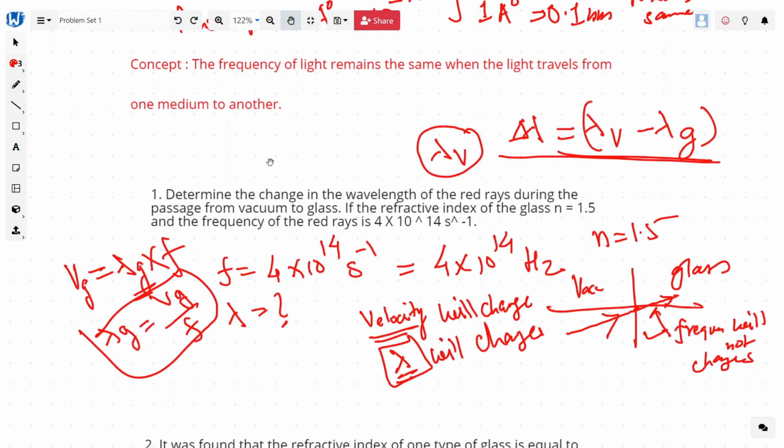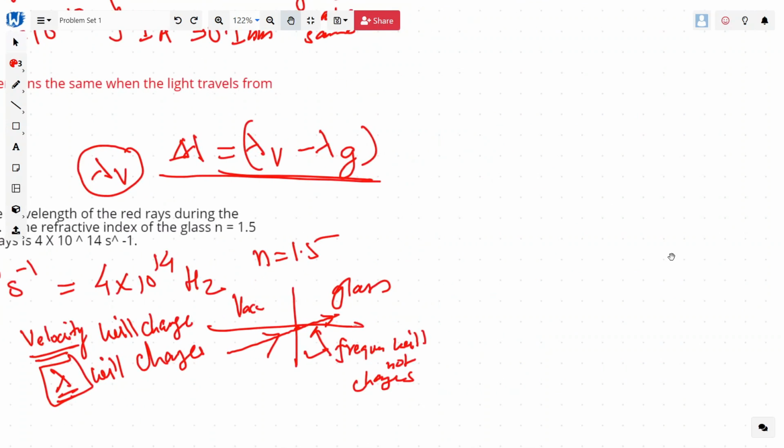Now we need a relationship here, Vg with the velocity in the first medium, right? So let's write a few equations. In the medium one, which is vacuum, the velocity of light will be c.